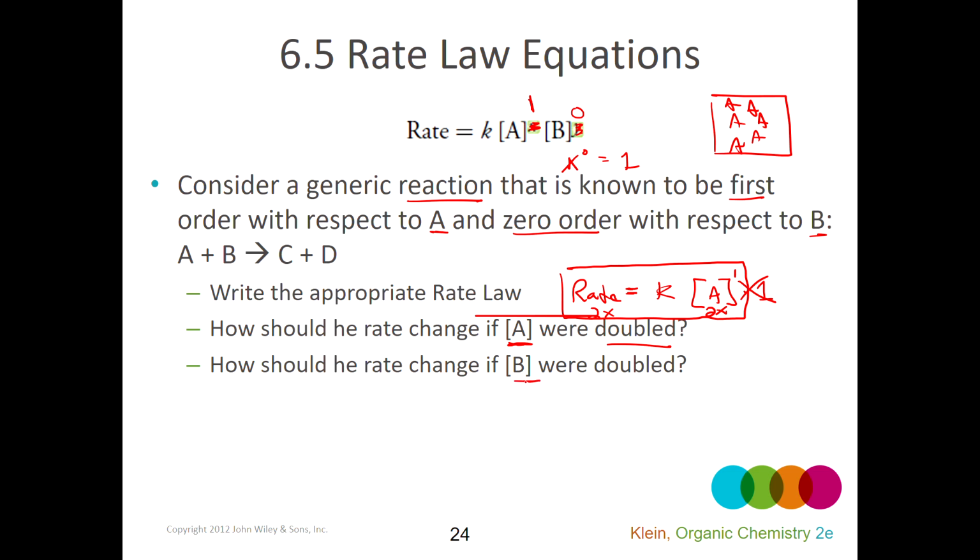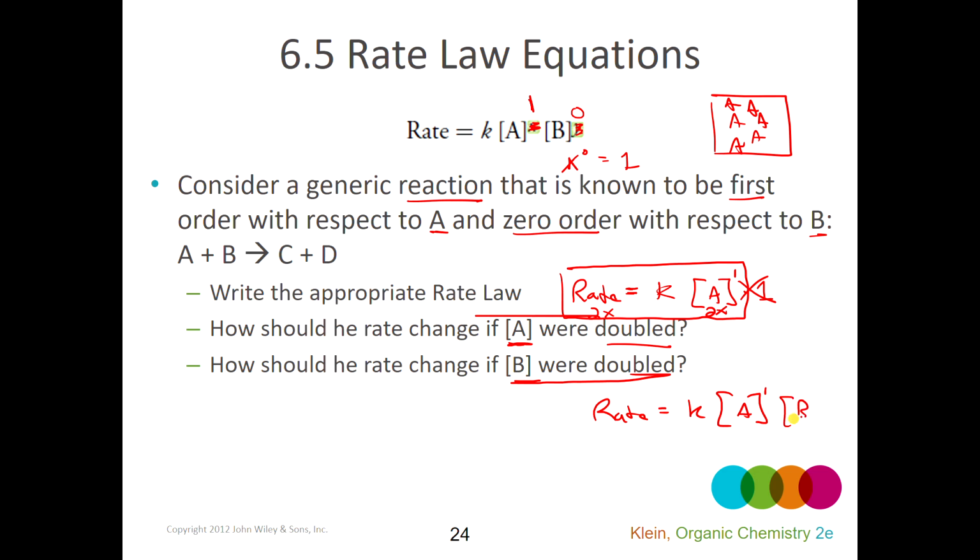What if I double the concentration of a reactant that's 0 order? Well, that would not affect the rate, right? Because first of all, we simplified this rate expression so that B wasn't even included. So any change in the concentration of B, there's no way to account for that in the equation.